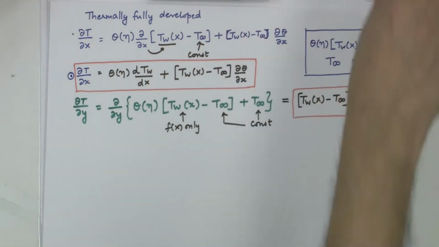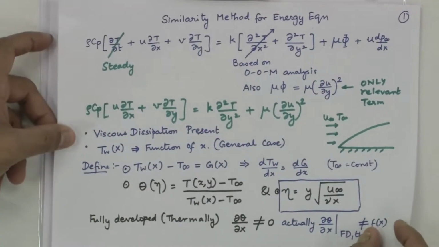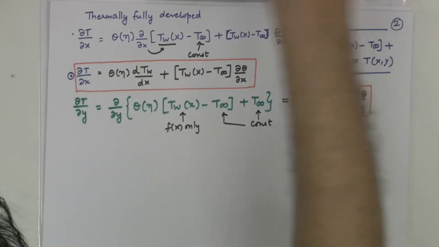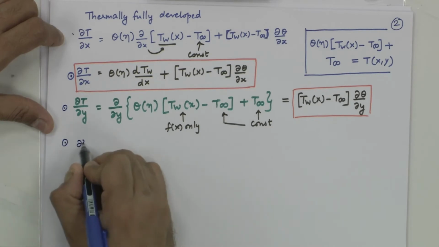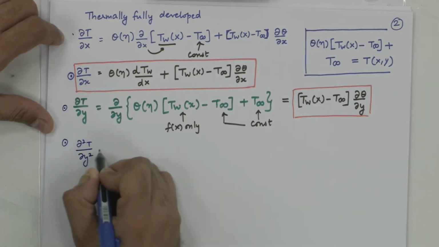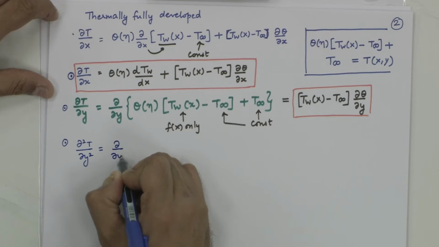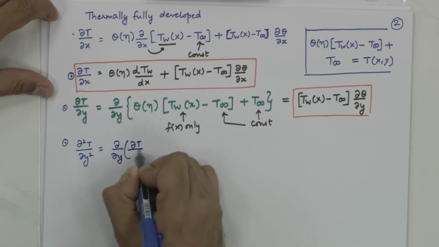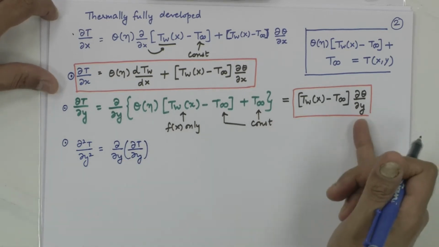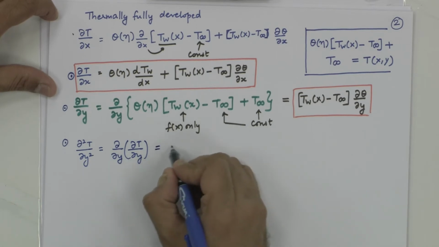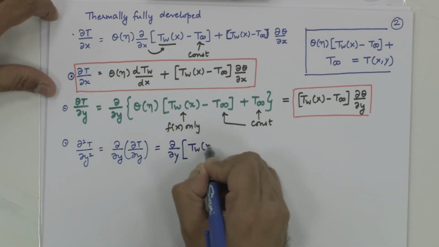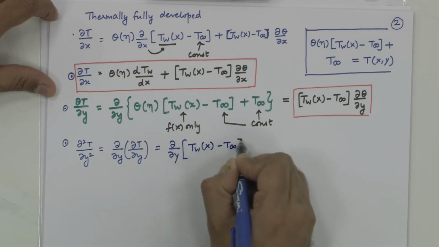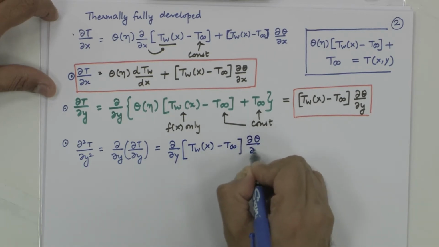Then I have on the right hand side d square T by dy square. So, I will write for d square T by dy square. Now, d square T by dy square is equal to d by dy of dT by dy. dT by dy is here, so just bring that here. So, this is d by dy of Tw of x minus T infinity d theta by dy.